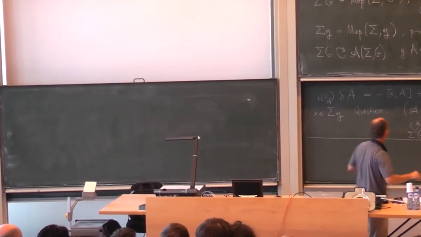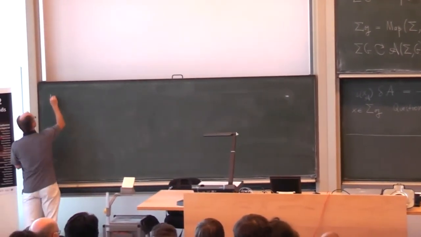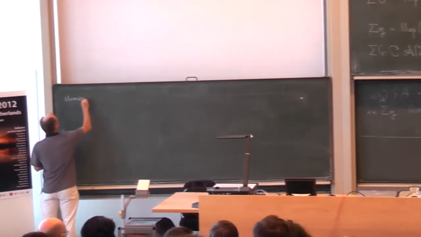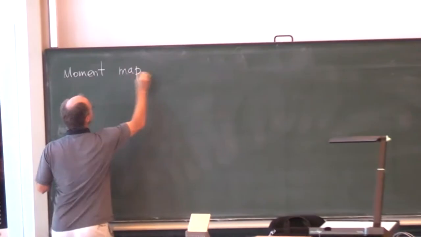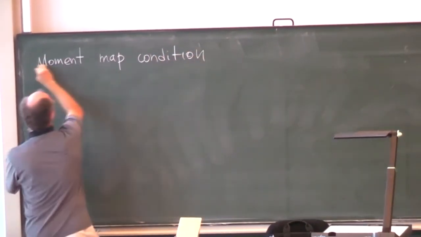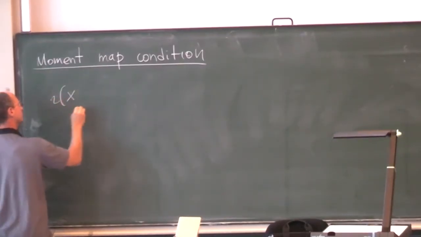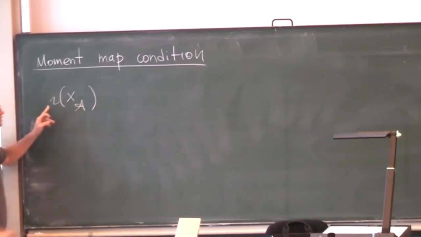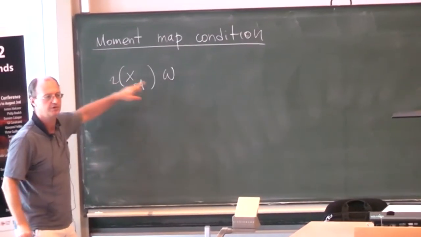So, in fact, recall the moment map condition we had yesterday, that was about contracting the 2 form with the fundamental vector field, right?